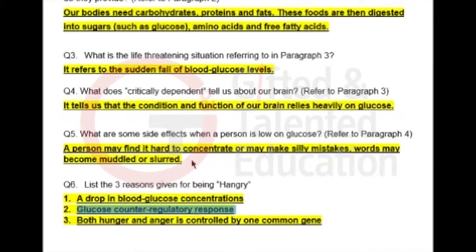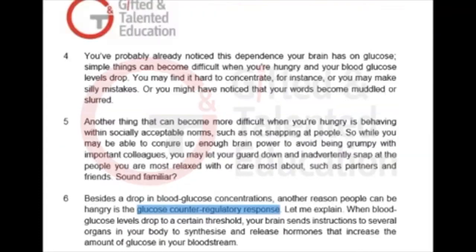And that is our second reason. In this response, when blood glucose levels drops to a certain threshold level, our brain sends instructions to several organs to synthesize and release hormones to increase the amount of glucose in our bloodstream.